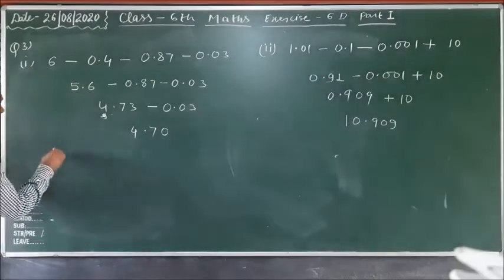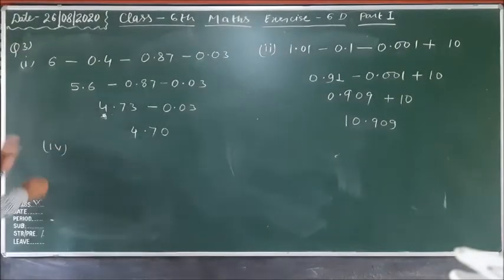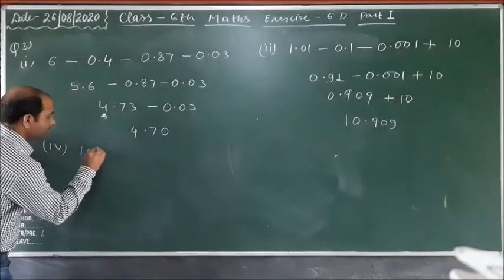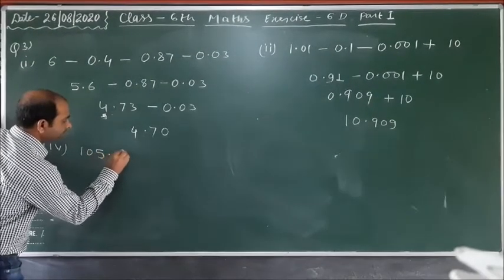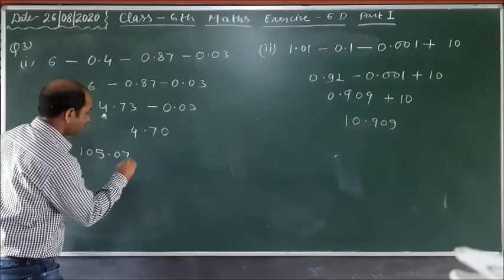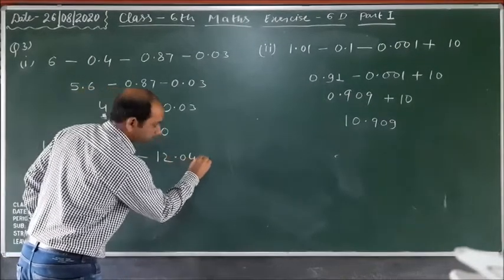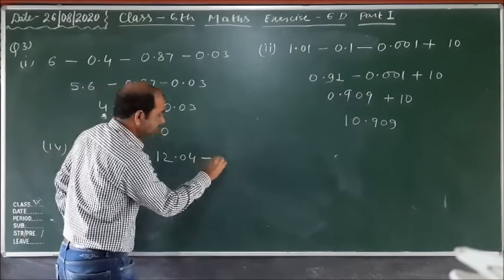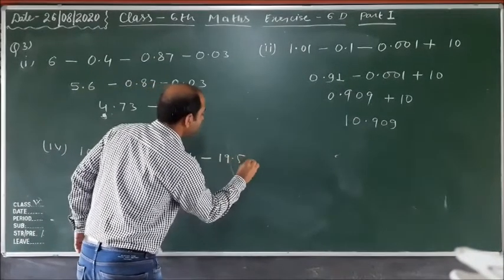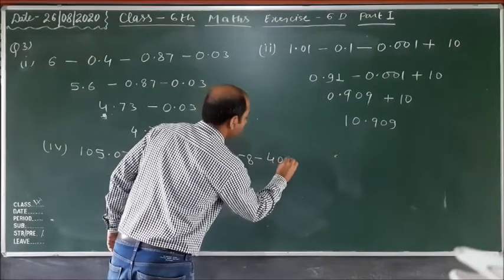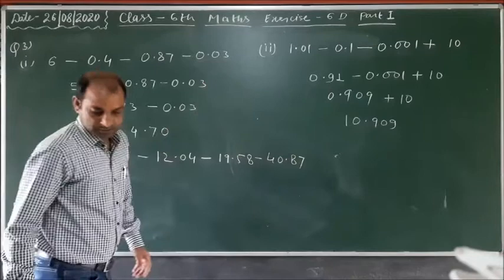Now next question, number 4. 105.07 minus 12.04 minus 19.58 minus 40.87.